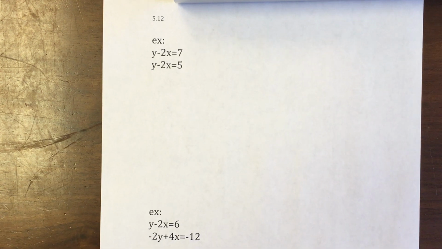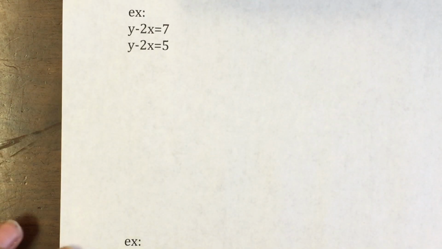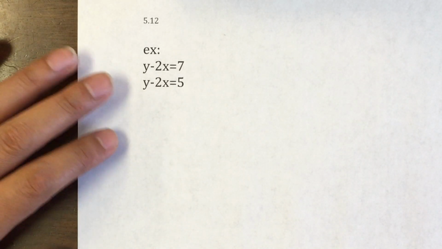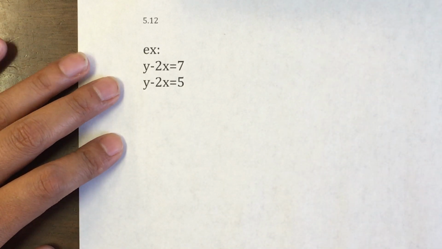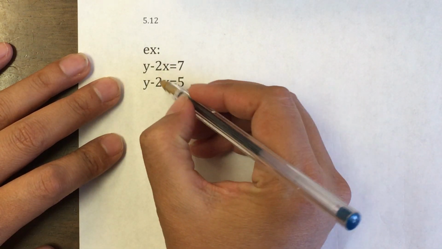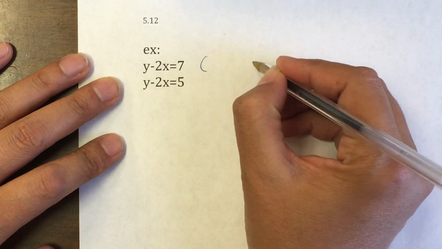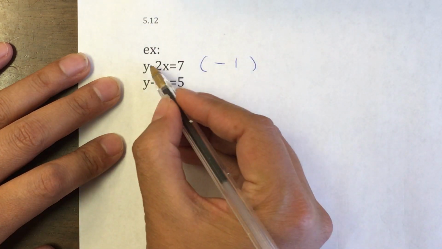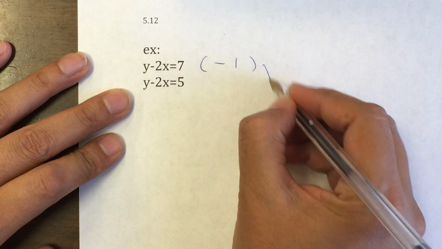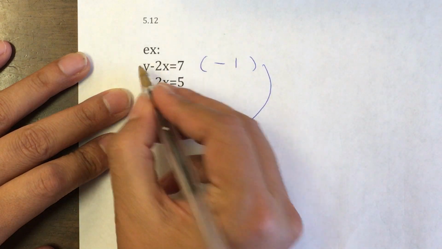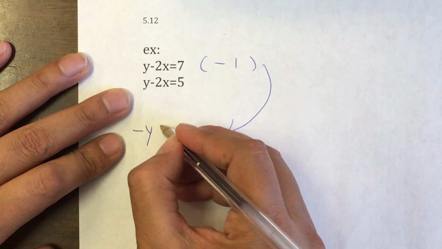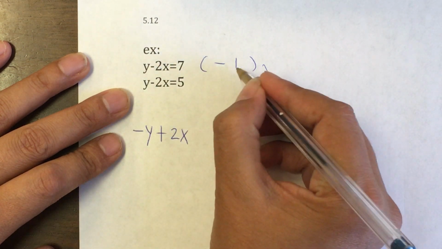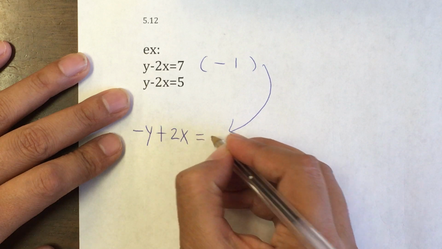Okay, what about this one right here? So in the other ones, it was related to word problems. In here now we have some equations. I cannot cancel, but I can definitely multiply one of the equations by -1, and so I get -1 times y is -y. -1 times -2x is +2x. -1 times 7 is -7.